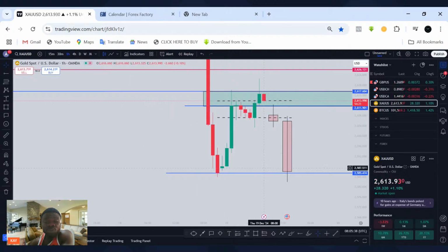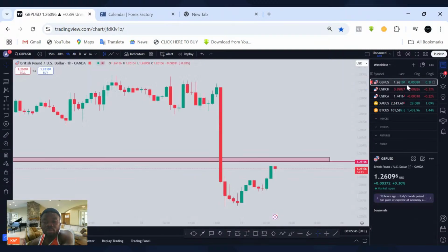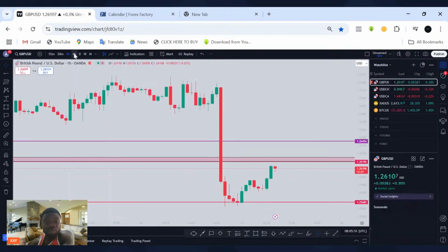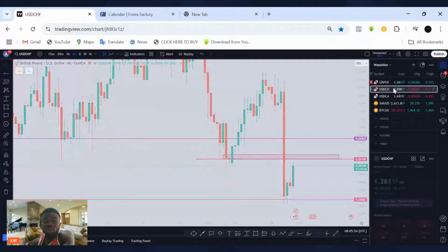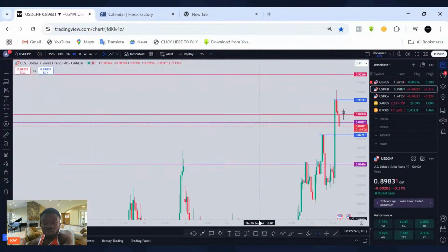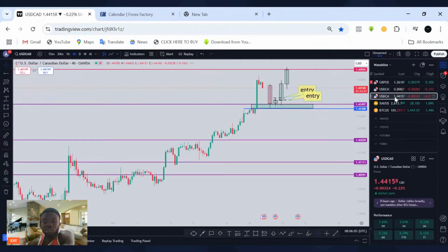This zone needs to get filled by gold. So when it comes to the currencies, I don't think there's any opportunity. The opportunity was on gold this morning. Gold was the one we had an opportunity on. The rest are all gone.